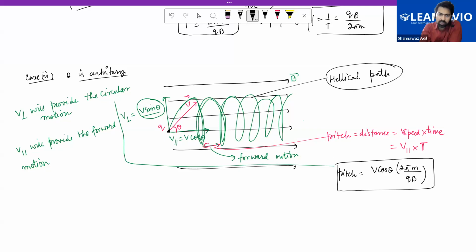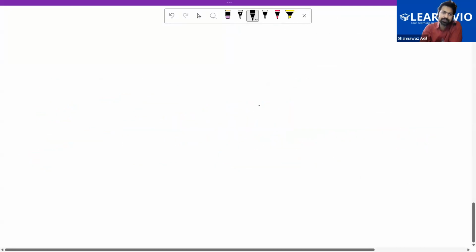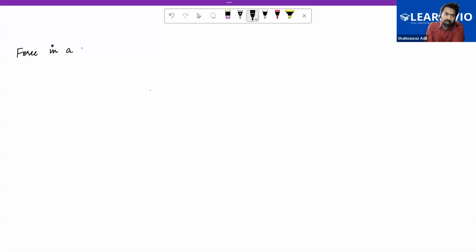Good. So now let us talk about force on a conducting wire in the presence of a magnetic field.